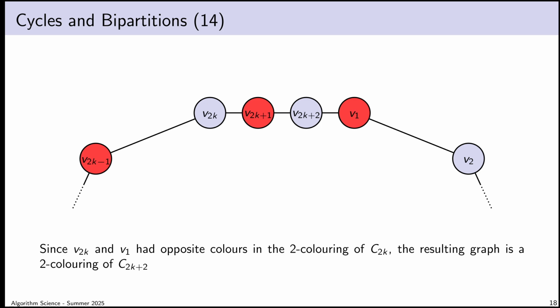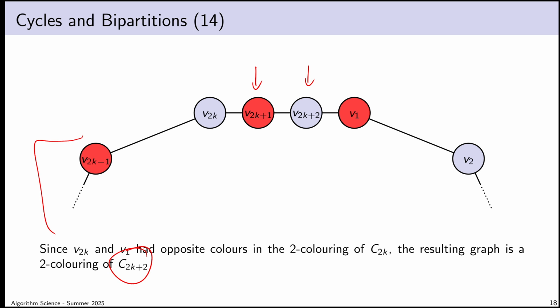So because V2K and V1 had opposite colors in the original two coloring, and I spliced these vertices in and set their colors according to carefully chosen rules, the resulting graph is a two coloring of C2K plus 2. The text of the proof isn't saying this as clearly, so it doesn't really need to point that out, but remember that there is this entire rest of the cycle, not pictured on the slide, that is already two colored.